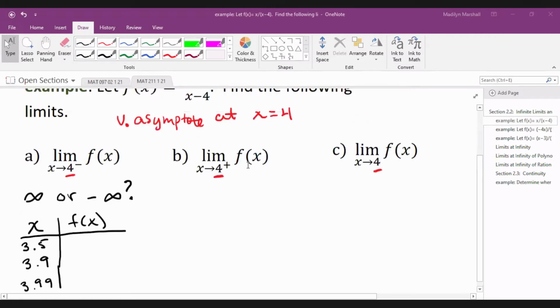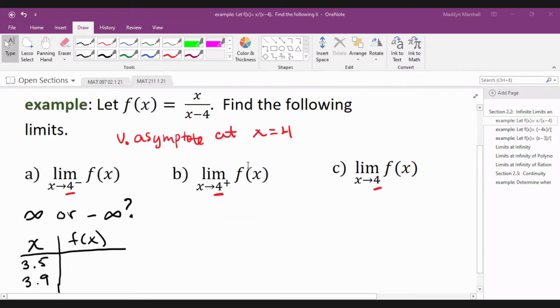So our function is x over x minus 4. If we plug in 3.5, we'll get 3.5 over 3.5 minus 4, which is 3.5 over negative 0.5. And if we put that into a calculator, we will get negative 7.